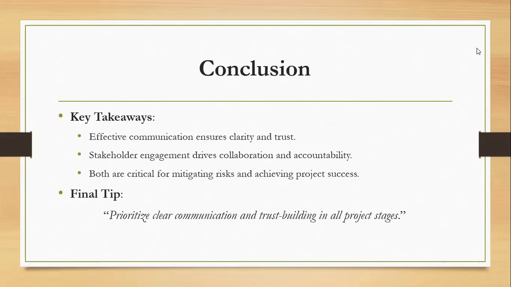So, together, these two elements build trust, reduce misunderstandings, and help projects stay on track. We have seen how organizations like NASA's Jet Propulsion Laboratory and the London 2012 Olympics use these strategies to overcome challenges and achieve outstanding results.